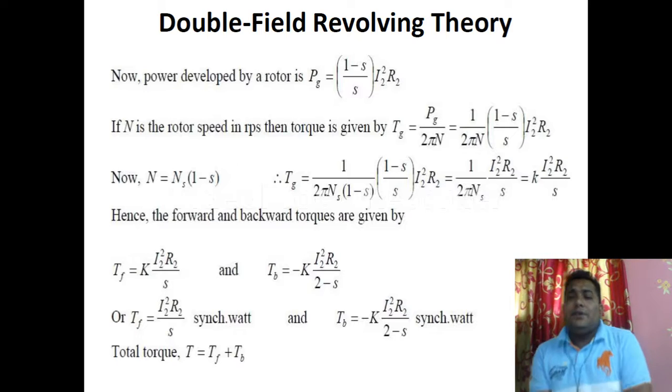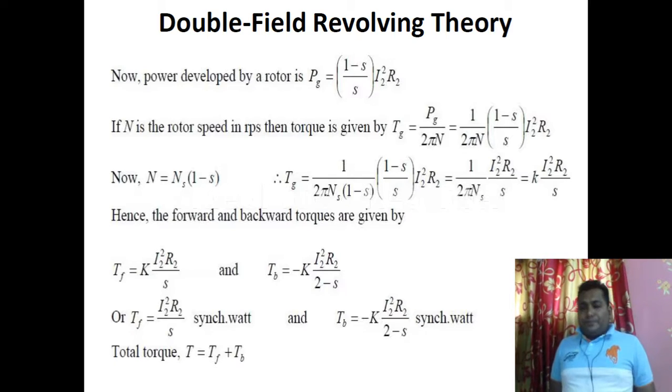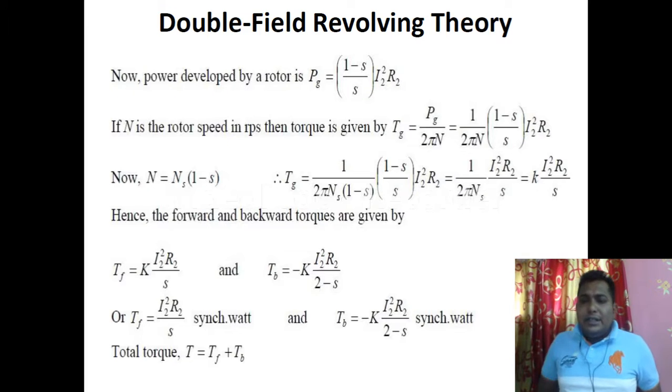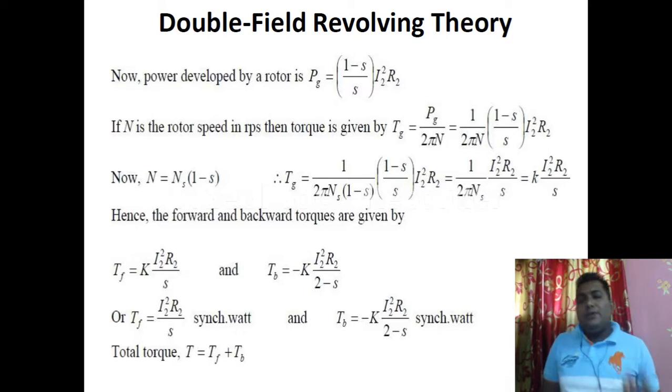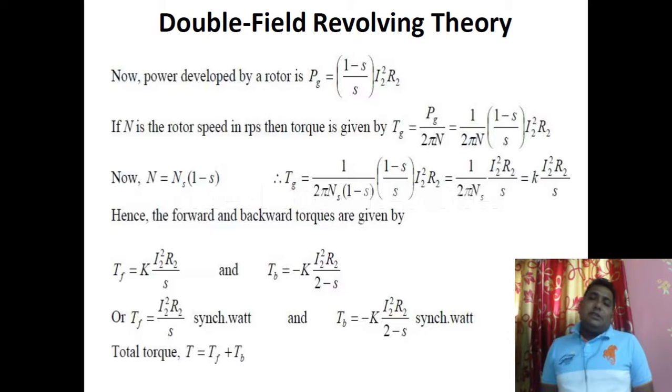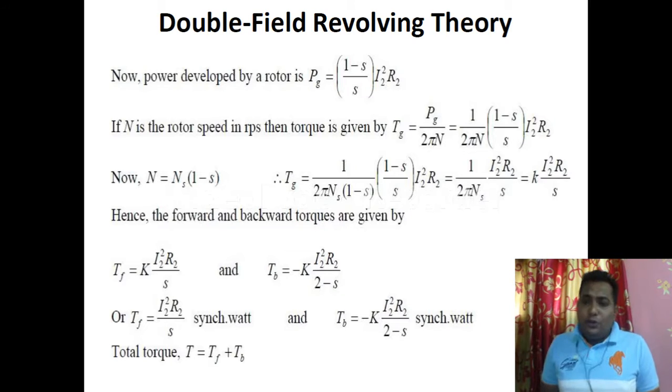If we consider that 1 by 2 pi ns is a constant term for a particular single phase induction motor, then we can call it k, and the equation becomes k into I2 square r2 by s.